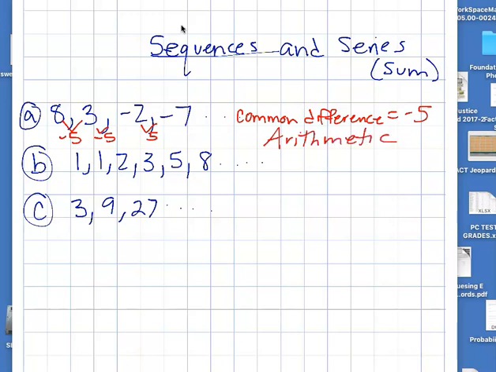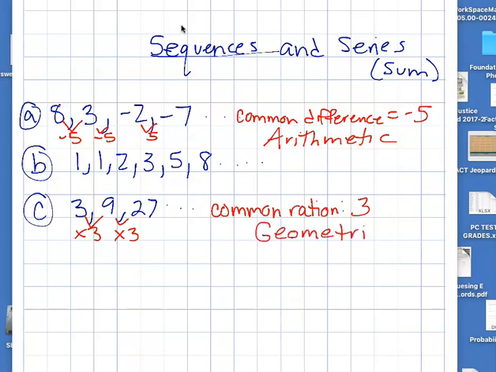The third one I'm seeing times 3, times 3. So this one has a common ratio of 3, and since it's multiplying, it's geometric.